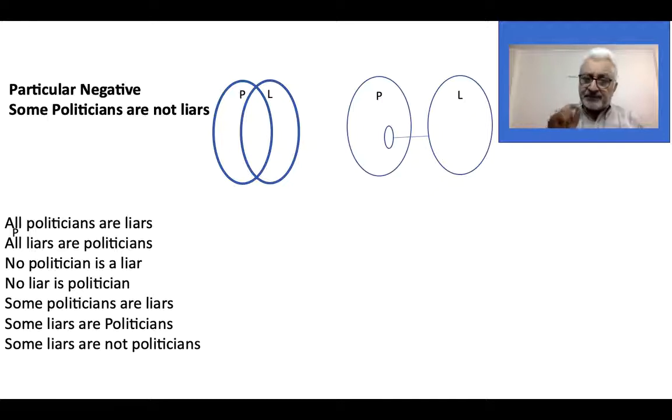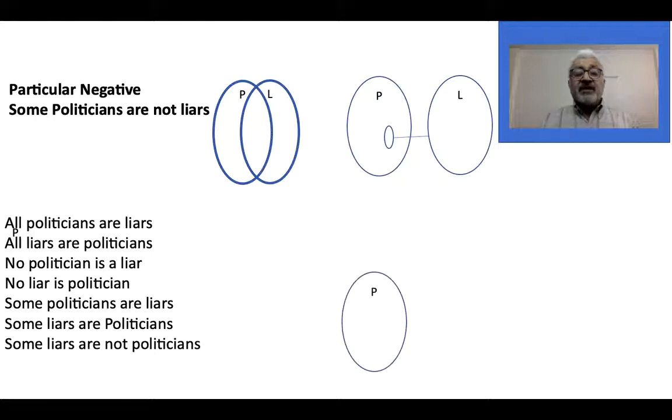Now, get one thing very clear. When it says some politicians are not liars, it means all the politicians can go into liars, but at least one part will stay away from liars. This is what this diagram is depicting. So, shall we consider this also to be a part of some politicians are not liars?